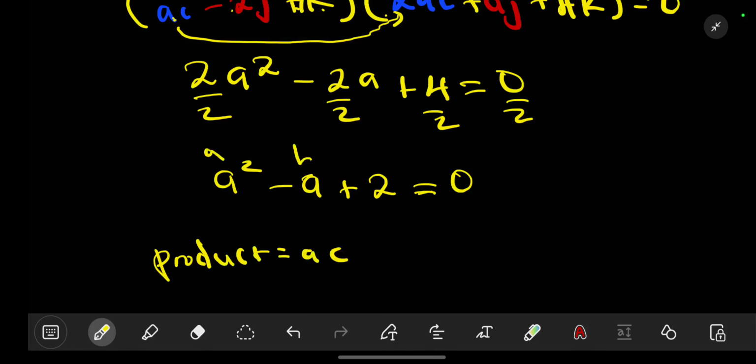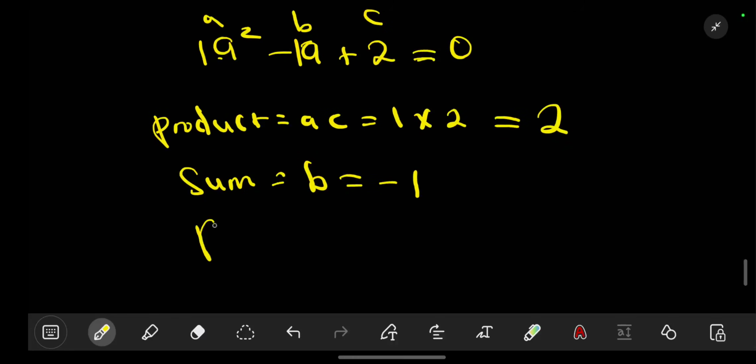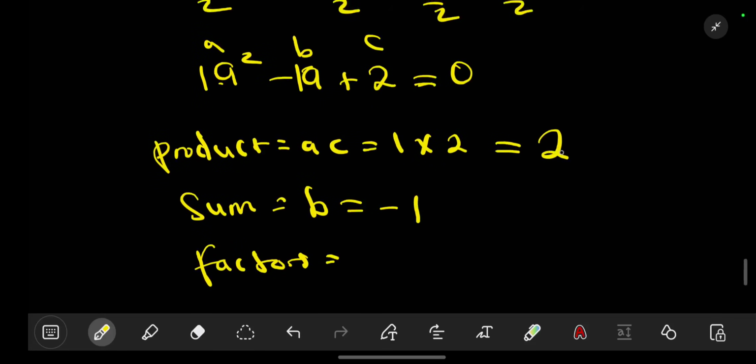If this is our a, b, c, ac is 1 times 2, which gives us 2. Then our sum is the coefficient of b, which is negative 1. Then we have our factors: the two numbers which when we add them give negative 1, but when we multiply them give 2.